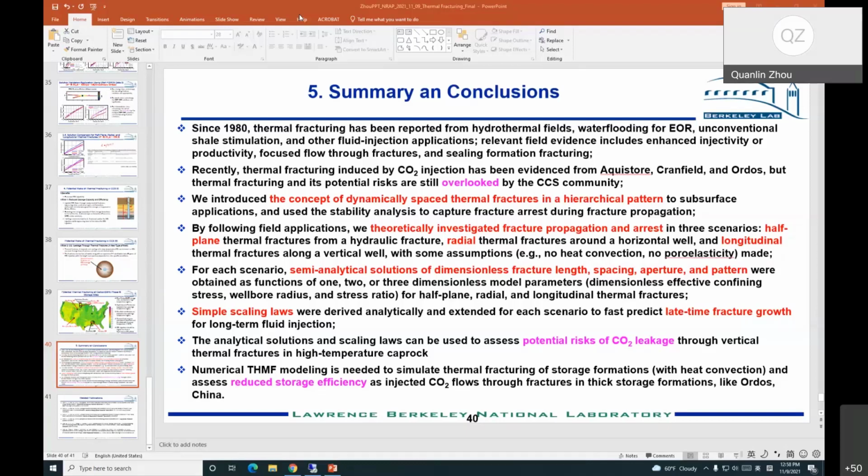Maybe that is the reason why for In Salah, the Princeton group and the Spanish group did some modeling and showed thermal stress induced shearing. They focused on that part, not the tensile fracturing.